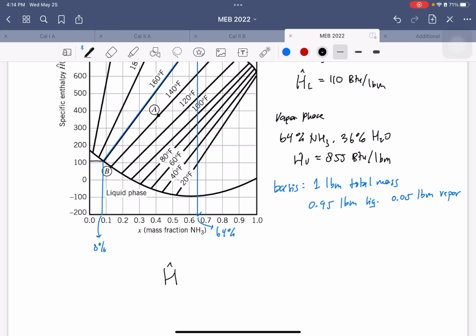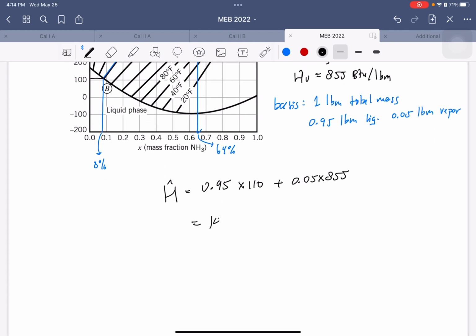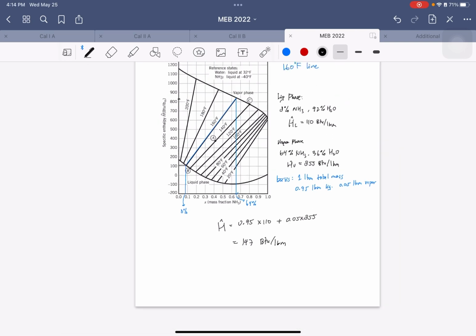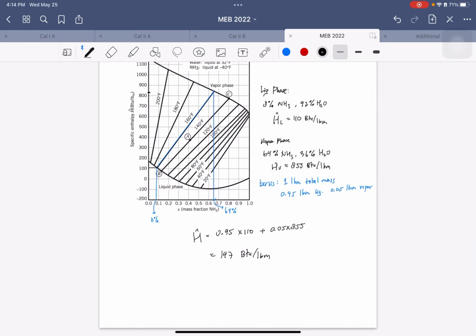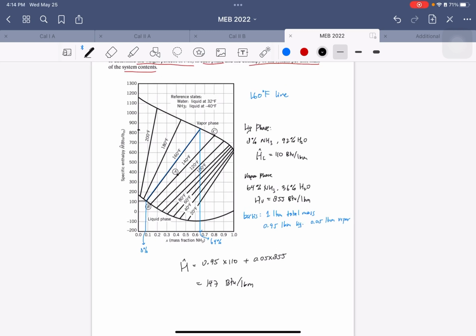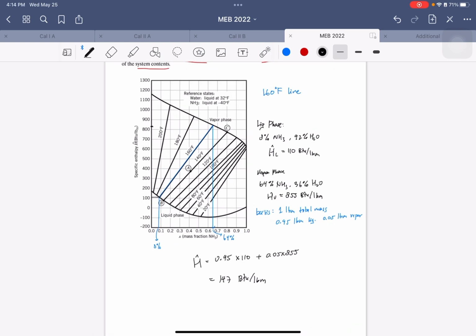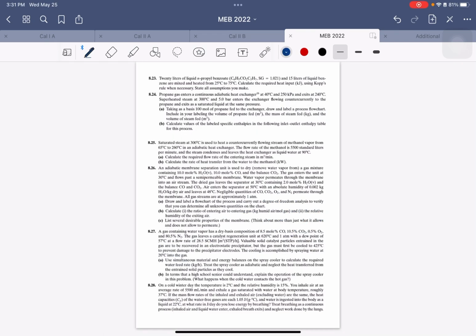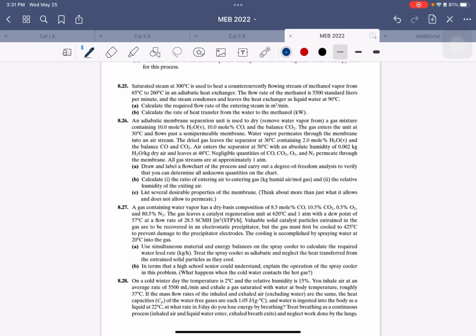Now the enthalpy is 0.95 multiplied by 110 plus 0.05 multiplied by 855, and we get the result is this. Okay, so this is another how to use the enthalpy concentration chart. Okay, now I will go for some practice.